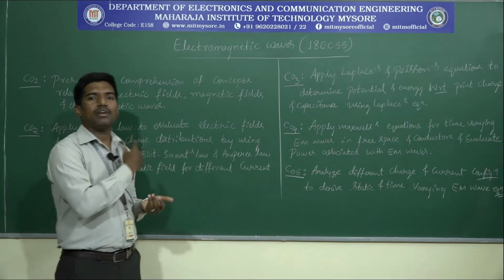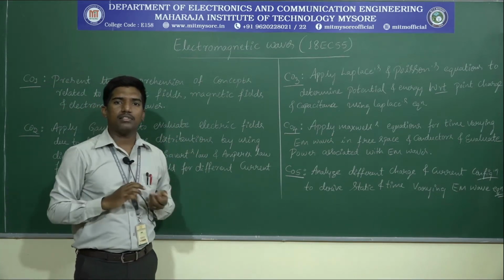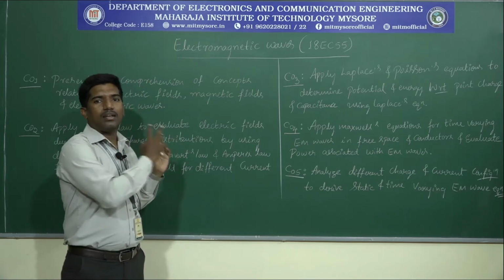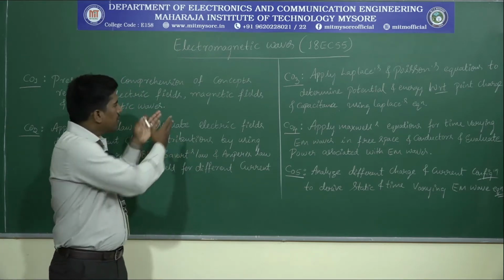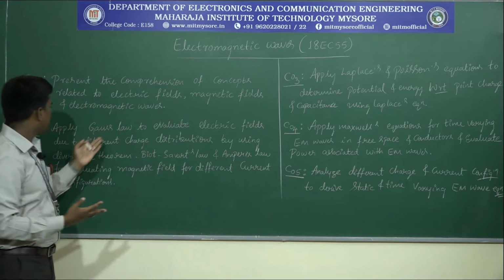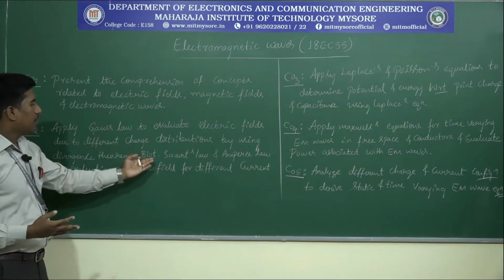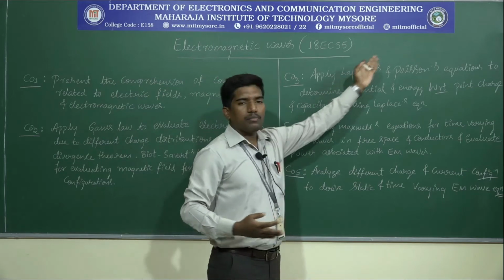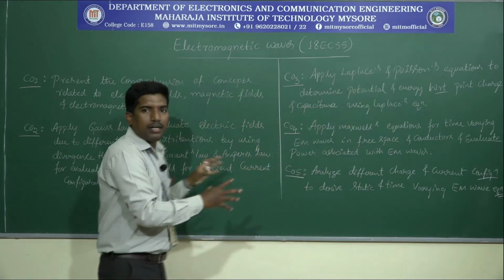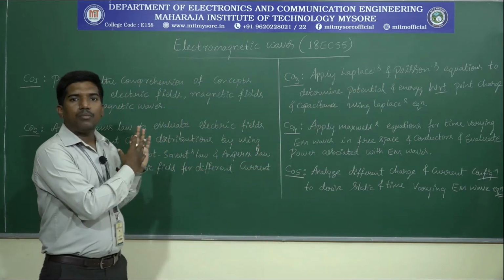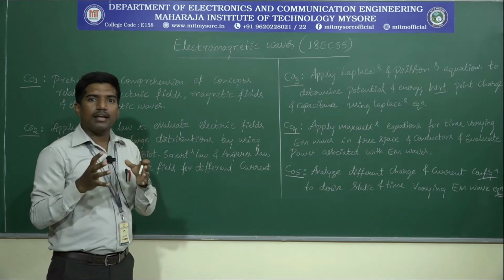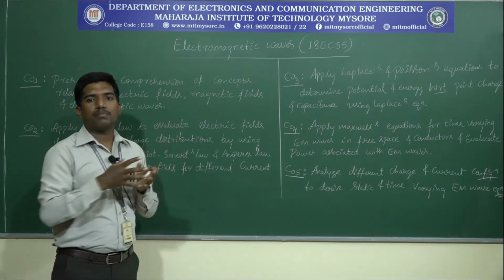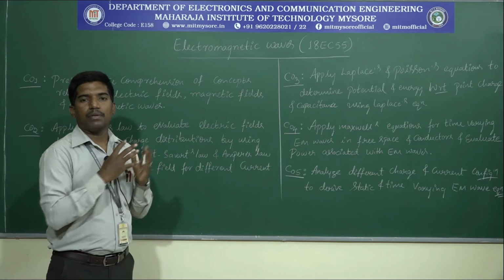How are we going to analyze and understand these things mathematically? By using vector theory, by using these laws. What are those laws? Gauss's law, Biot-Savart's law, Ampere's law, Maxwell's equations, Laplace and Poisson's equations. These all come under electromagnetic theory, in order to understand the background aspects of these applications.